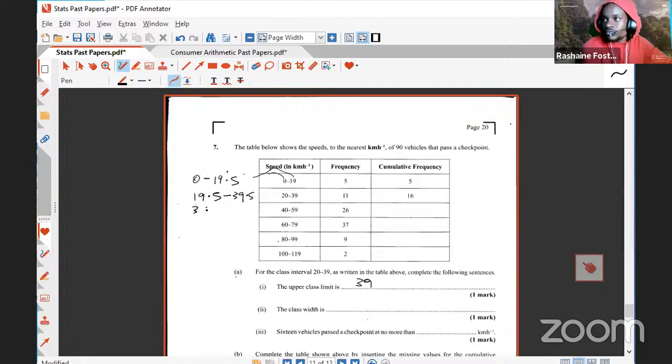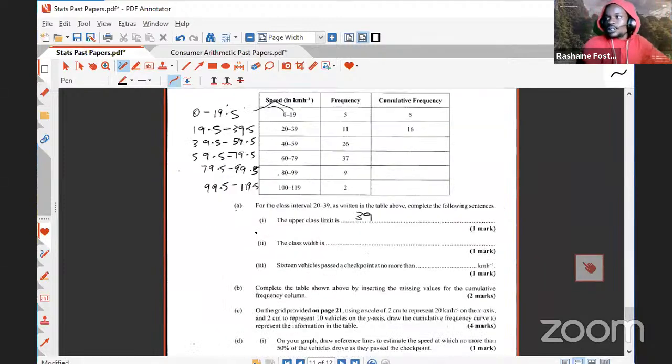Then 39.5 to 59.5, then 59.5 to 79.5, 79.5 to 99.5, and 99.5 to 119.5.